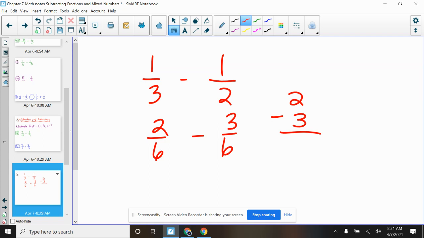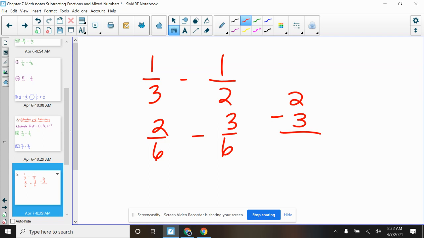Just like with whole numbers, it's easy to look at 2 and 3 and know that 3 is bigger than 2. But when you're looking at fractions, it's harder to tell if 1/3 is bigger or smaller than 1/2.